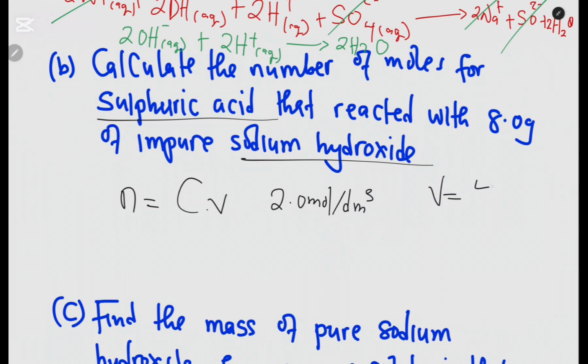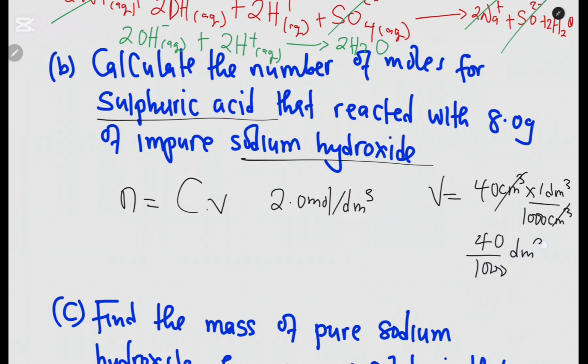So volume is equals to 40 centimeter cubic multiplied by 1 decimeter cubic out of 1,000 centimeter cubic. Let me just write it nicely. Out of 1,000 centimeter cubic. So it's just the same as 40 divided by 1,000 decimeter cubic, which gives us 0.04. I guess I've gotten it right. 0.04 decimeter cubic.